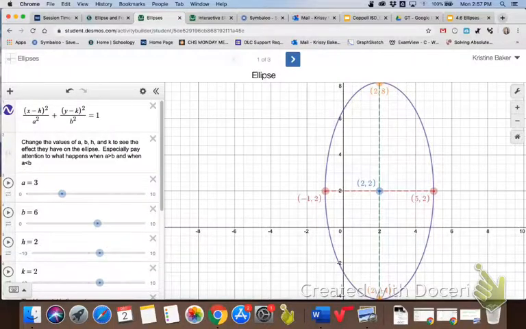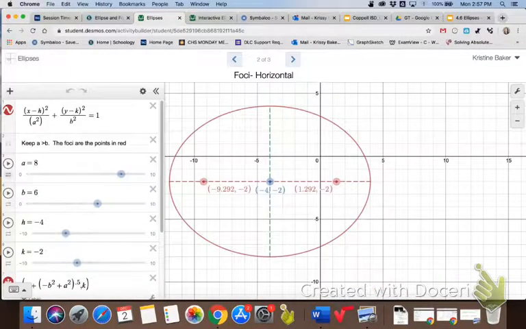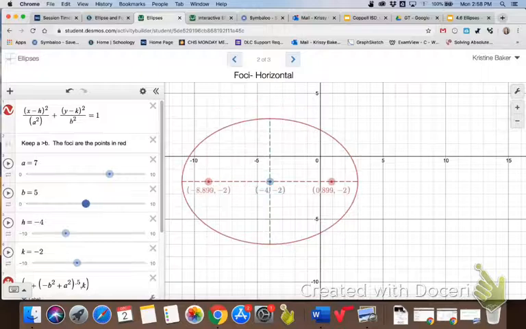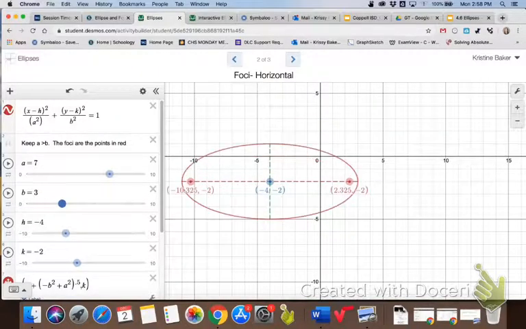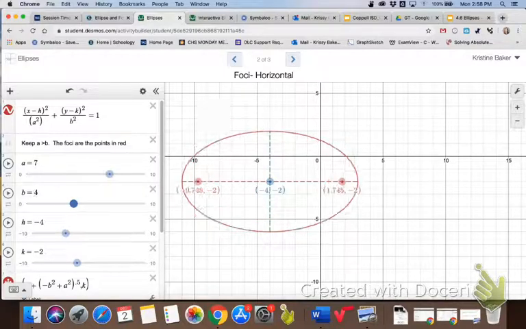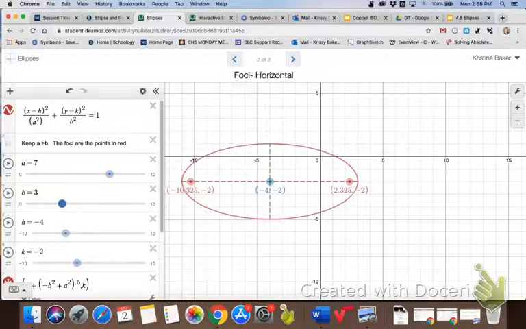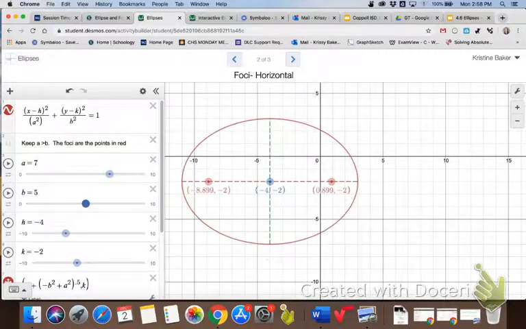The other thing on here it shows you is what the foci look like. On this one, the A value has to be larger in order to actually see these foci. As this gets narrower, you'll notice the foci are getting closer to the edge. As this ellipse gets wider, those foci are coming closer to the center.